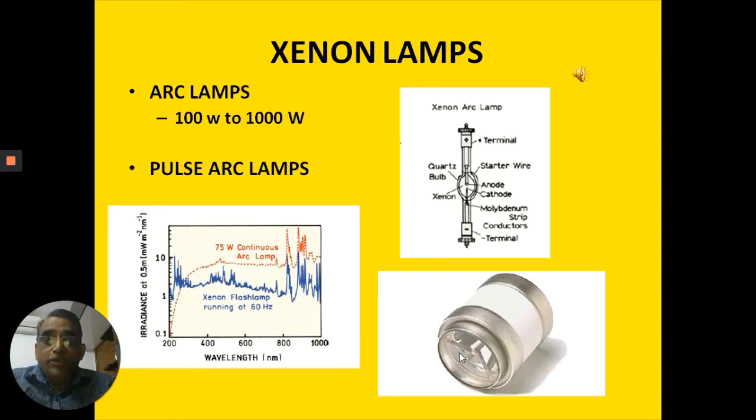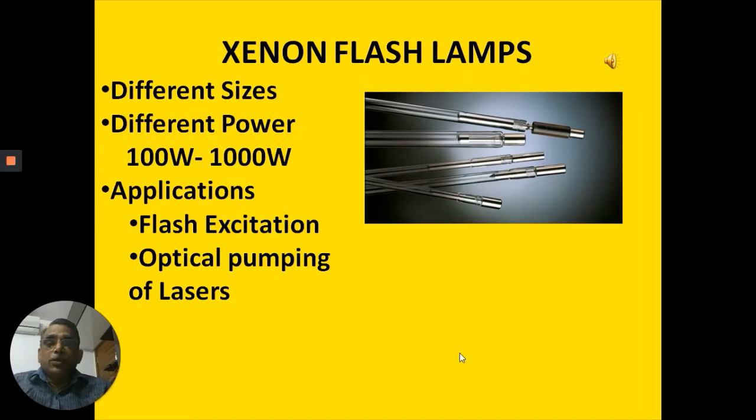They are very intense. You can have them in different formats. As I told you, you can have the xenon lamps in flash lamp formats also. The flash lamps can be of different sizes and different powers, and that makes these flash lamps applicable for many applications, such as flash excitation, optical pumping of lasers, and so on.